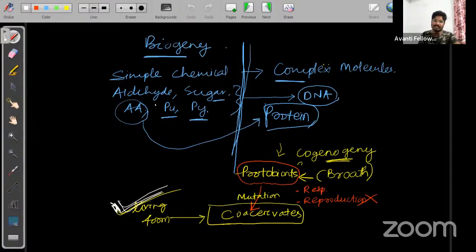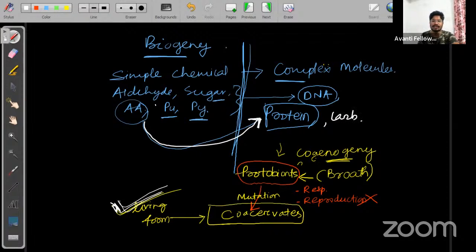Next is your biogeny. Okay, what happened in biogeny? Simple chemicals got converted into complex chemicals in biogeny. The formation of simple chemicals happened in chemogeny, and in biogeny, what happened? These simple chemicals got converted into complex chemicals like DNA, protein, and carbohydrates. Okay.